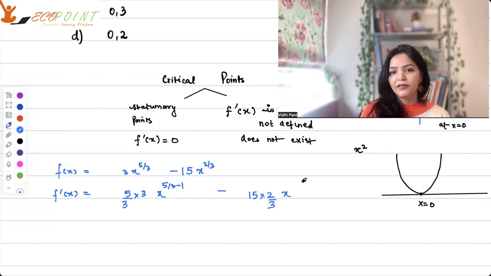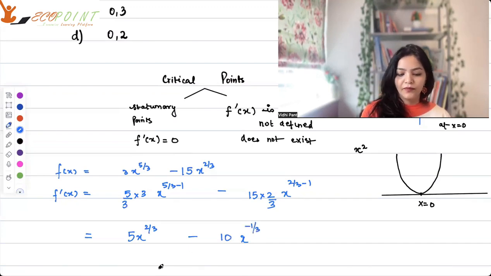It's a simple differentiation, nothing else. So this turns out to be 3 cancels, 5x to the power 2 by 3 minus 10 times x to the power minus 1 by 3.